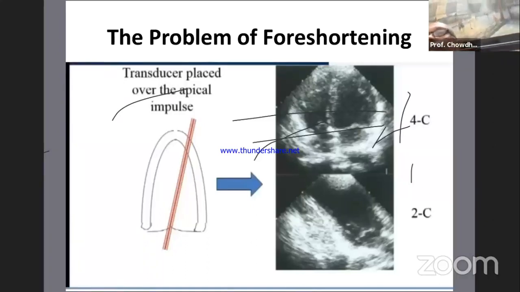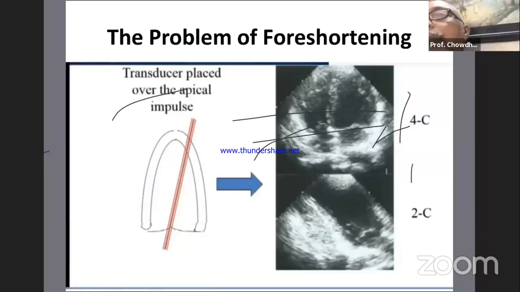And the next important point is foreshortening. When the transducer is not really placed at the true apex, then we cannot cut the left ventricular slice properly, and the apex is not being cut, which results in foreshortening.